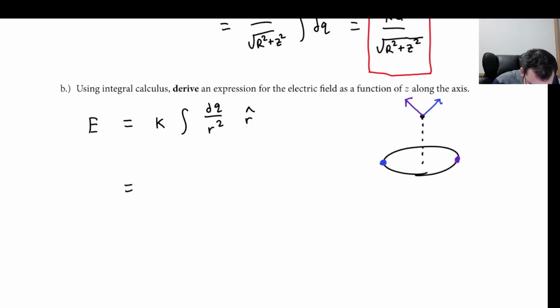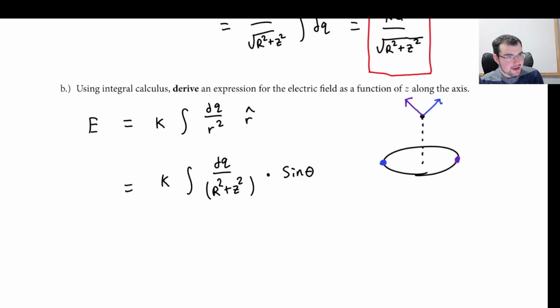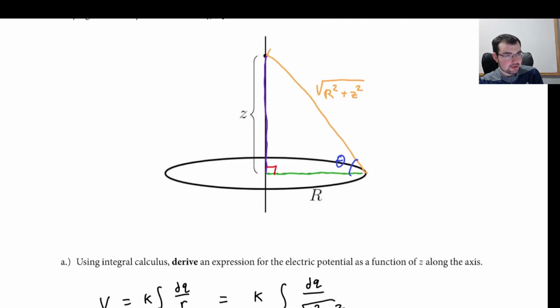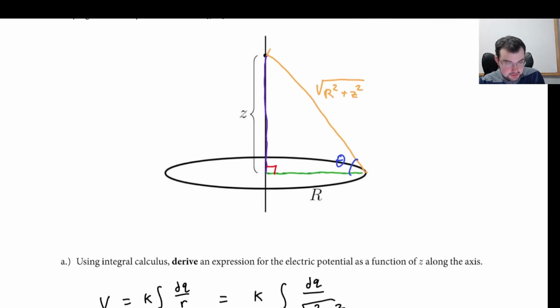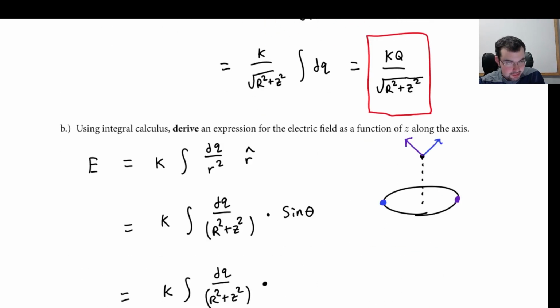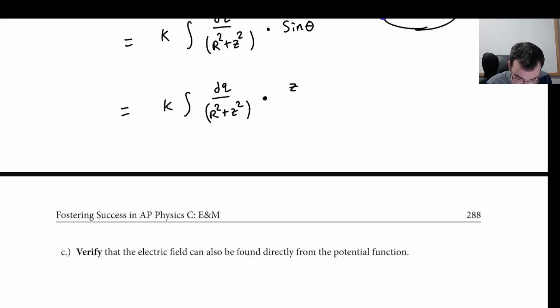R is still that Pythagorean distance, so we square the square root. And then we want sine theta, because sine theta is going to extract this opposite component, the one that points up in our diagram. What is sine theta? Well, sine theta is the opposite side, which is Z, divided by the hypotenuse, which is the square root of r squared plus z squared.